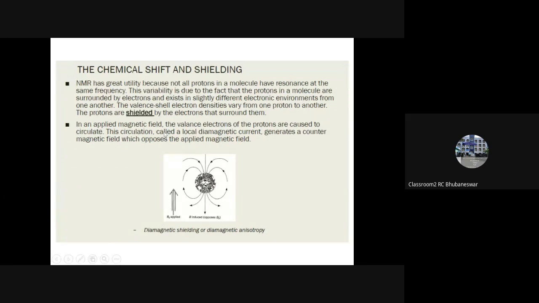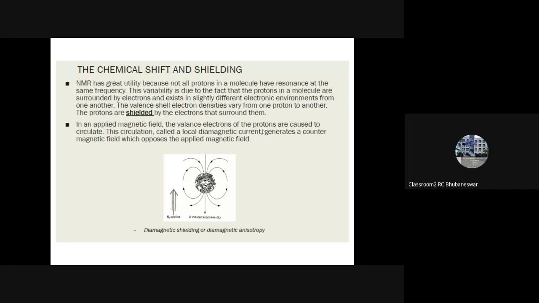This variability is due to the fact that the protons in a molecule are surrounded by electrons and exist in slightly different electronic environments from one another. So, got the point? Even if 6, 7 protons are there, their electronic environment may be different.